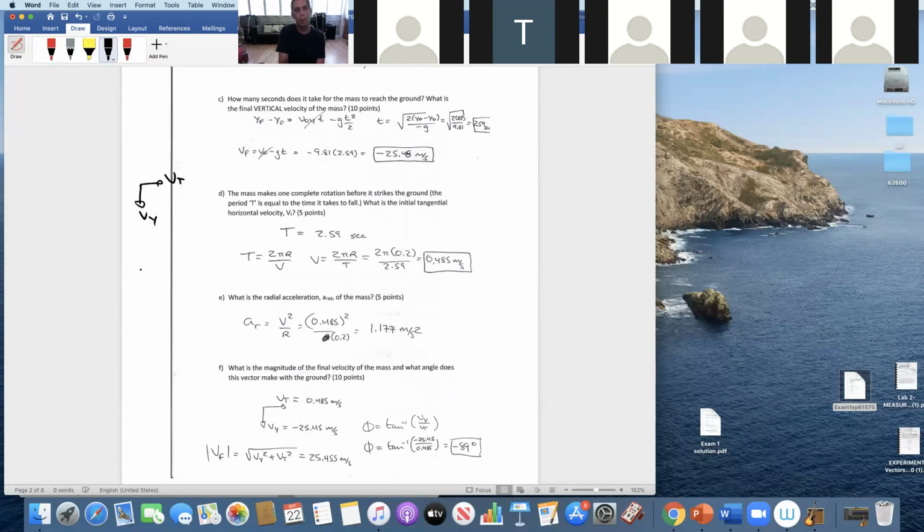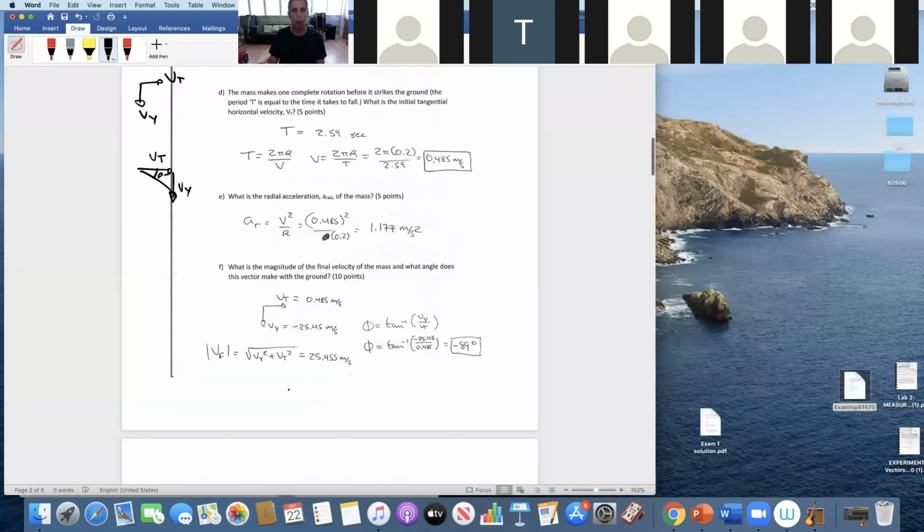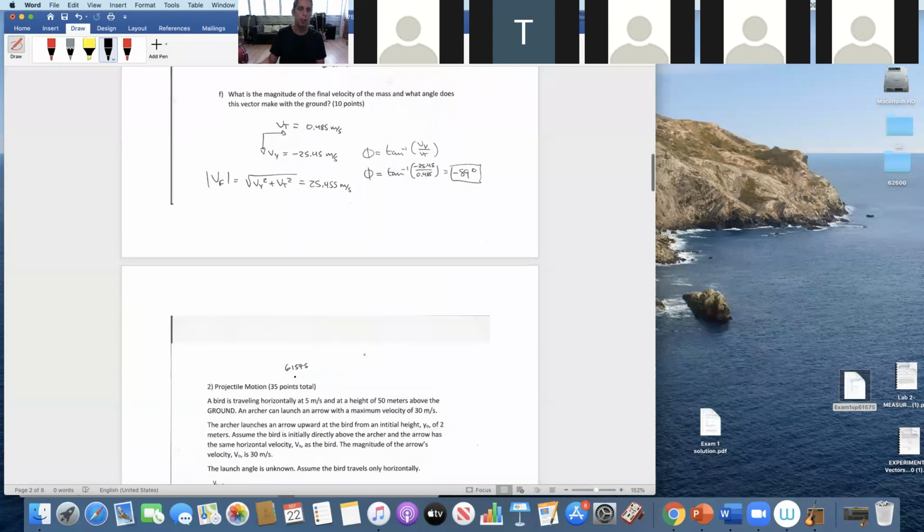This forms a vector that looks something like this, and you can find this angle from tangent of the angle is Vy over Vt, except that you know that's going to be a negative angle. You can find its magnitude by squaring them. All that good stuff that we've done a bunch.